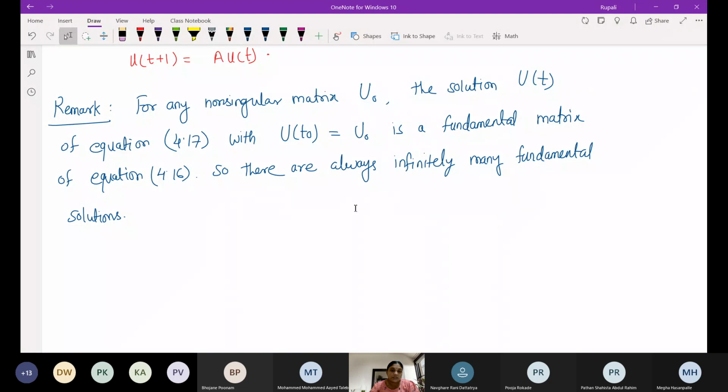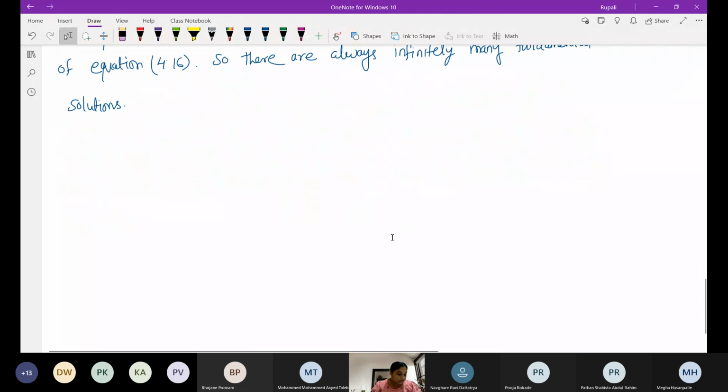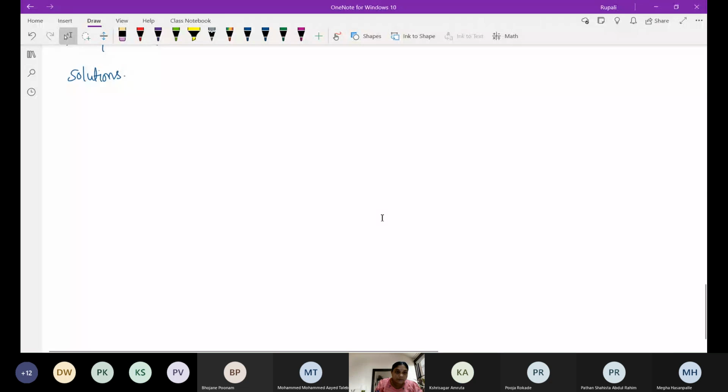So the determinant of c times phi t is also non-zero. Therefore, if there exists one fundamental matrix, there are always infinitely many fundamental matrices we can say. Okay, we can prove that theorem.